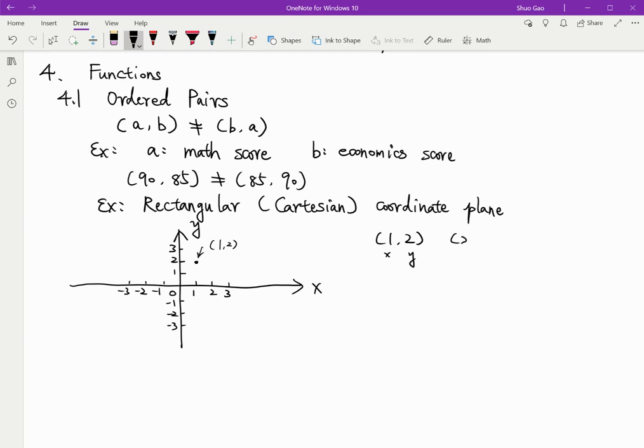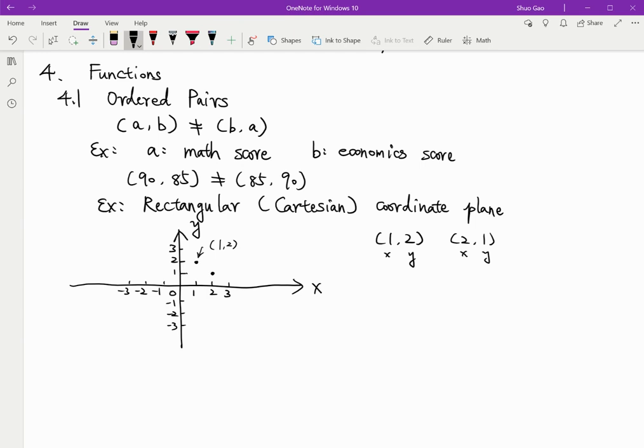And if we want to draw (2, 1), as I said, (1, 2) is different from (2, 1) because they're ordered pairs. So that can be represented in a plane here. Again, x is 2, y is 1. I see that this coordinate is different from this coordinate. (2, 1) is something here. First, we find the 2 on the x, and then we find 1 on the y.